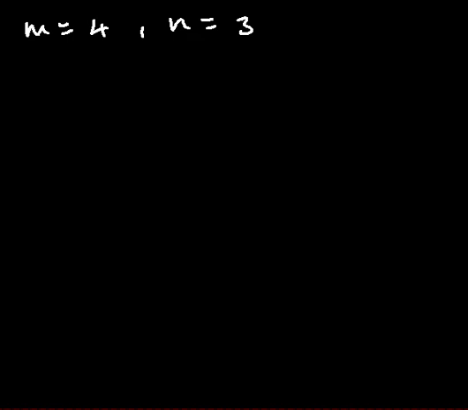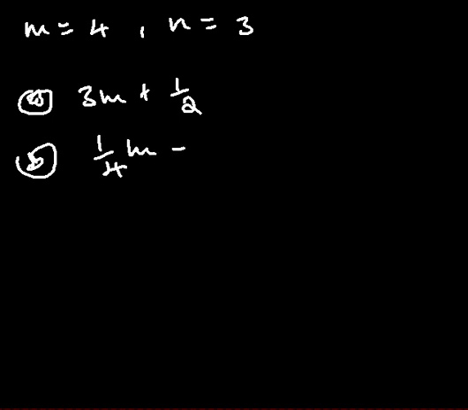Now we should evaluate 3m plus half, and that is 1 over 4 m minus 5n.